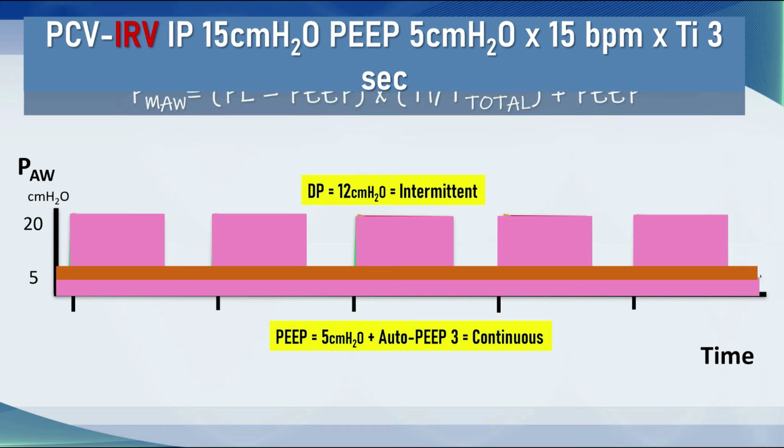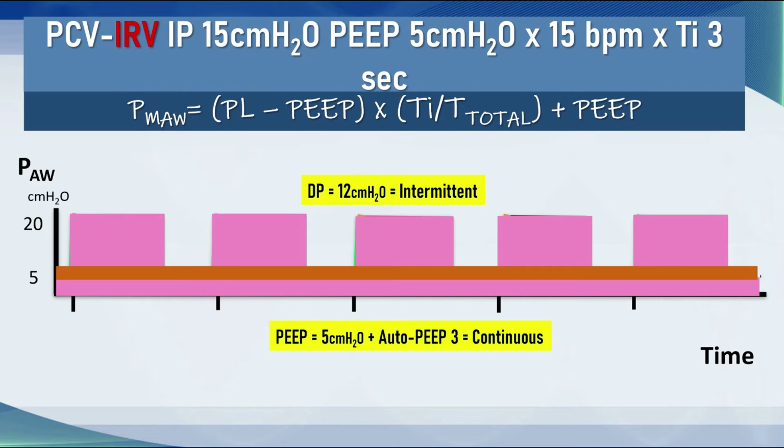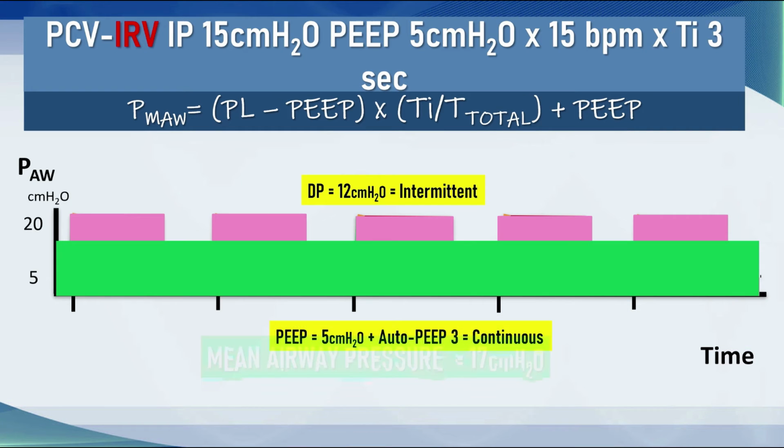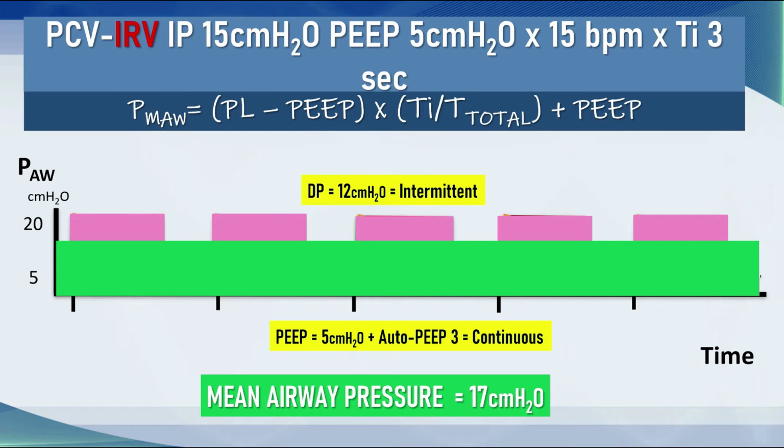If we feed this information into the calculation, you can pause the video now and do the calculation yourself. The result is surprising, because the impact of the Auto-PEEP at this level of mean airway pressure is minimal. It just goes up by less than 1 centimeter of water.